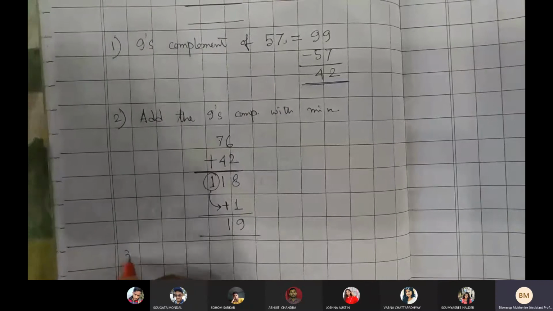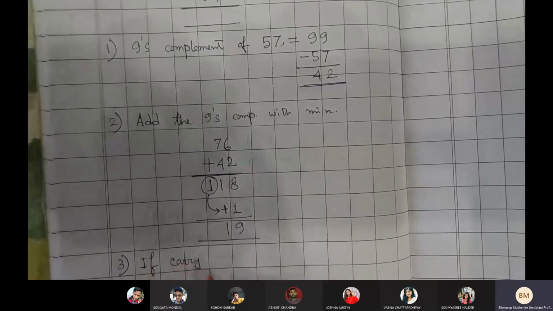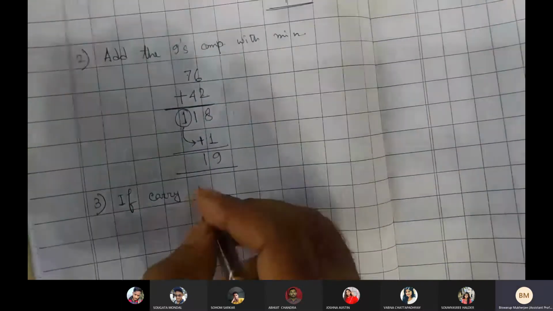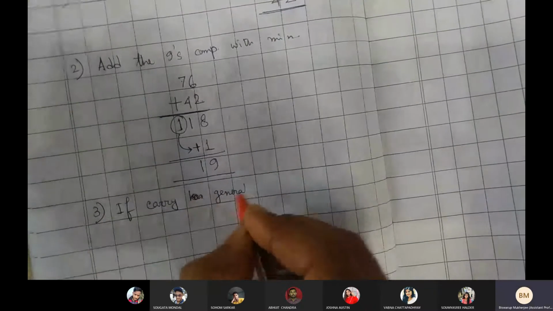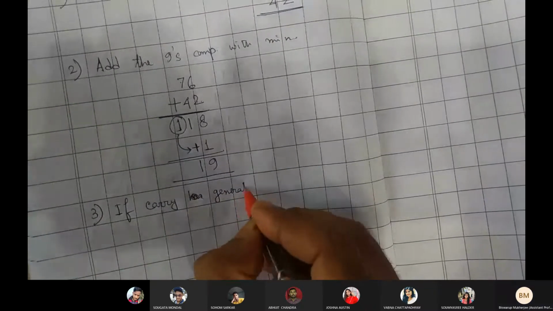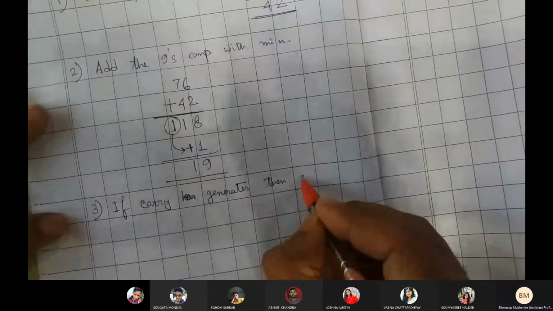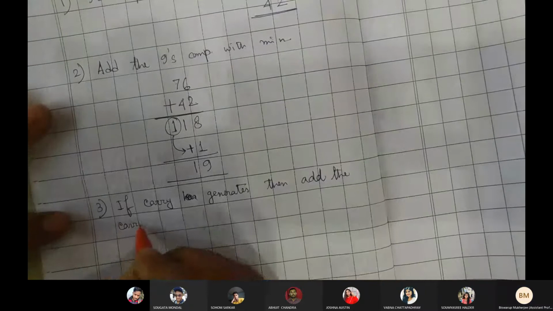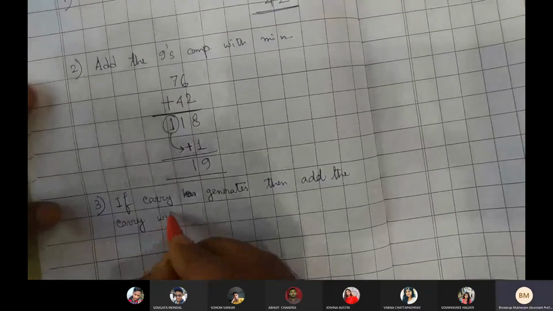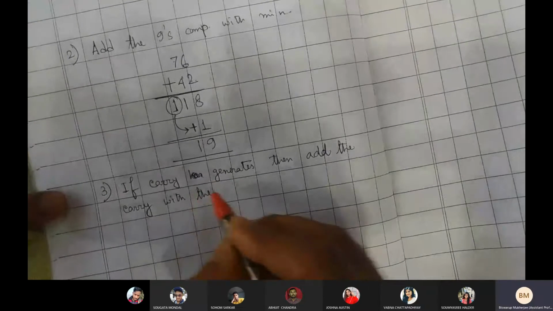So number 3 is, if carry has generated, or carry generates, then add the carry with the addition result.